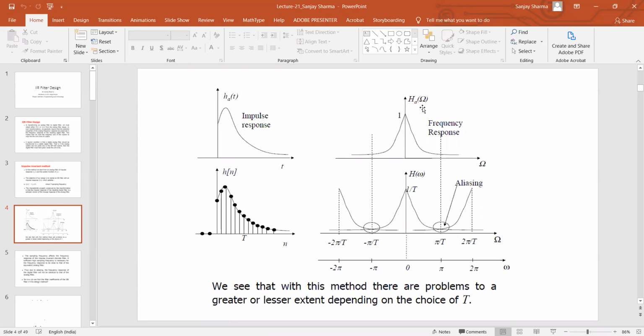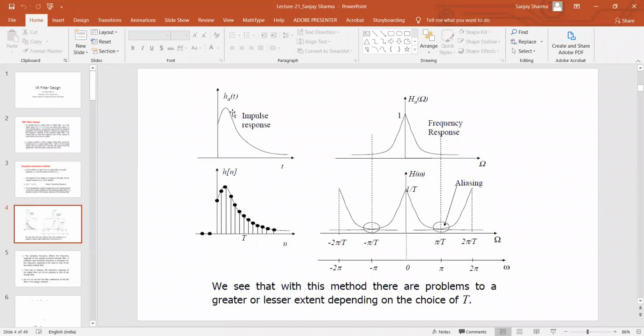And H_a(Ω) is the frequency response of this analog impulse response once we take the Fourier transform in the continuous domain, right? Correspondingly, when we sample this h_a(t), we get h(n).